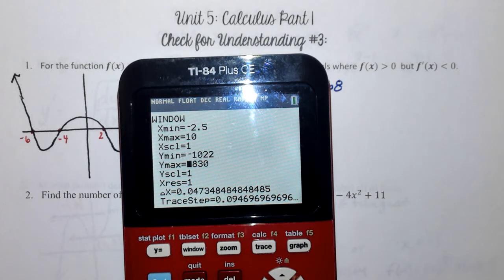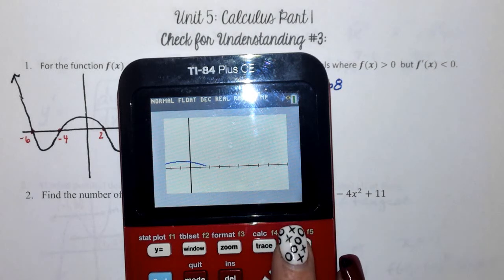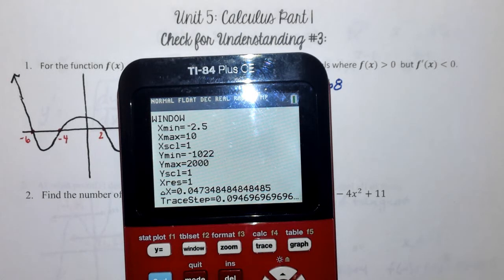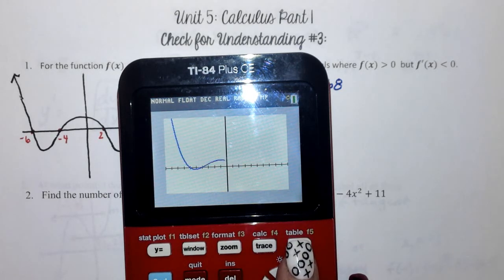But the y values, yeah, I need to go out pretty far. Let's see what that looks like. Yeah, I can see it a little better, but I need to go the other way a little bit more. So let's go out negative 10. Let's see if that's enough. Yeah, that's a little easier to see.